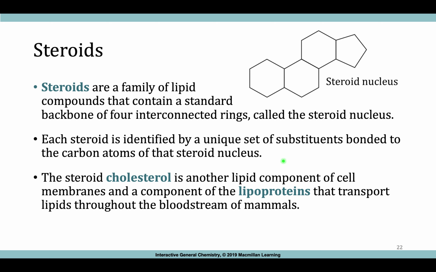Steroids are classically known as people getting jacked in the gym by using steroids. They're very, very powerful compounds. You only need a little of them. They're molecules that tell other parts of the body what to do. So they're signaling molecules.